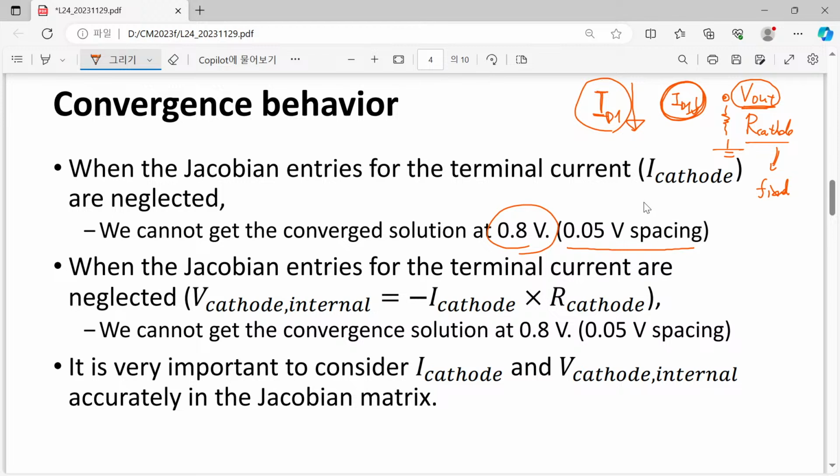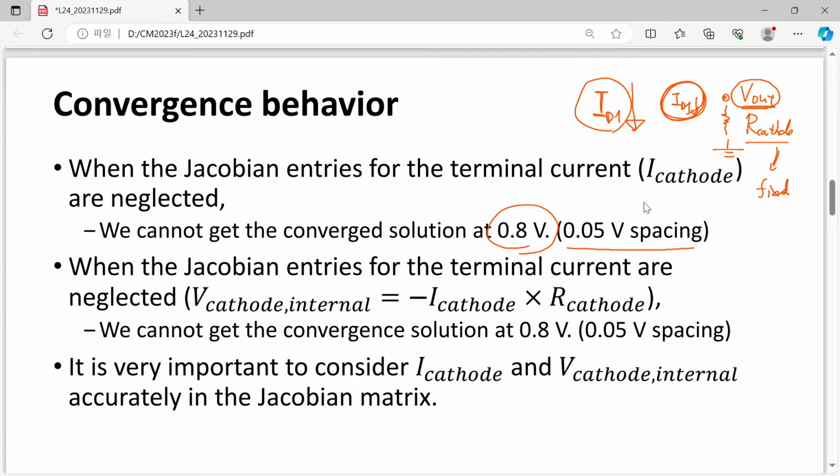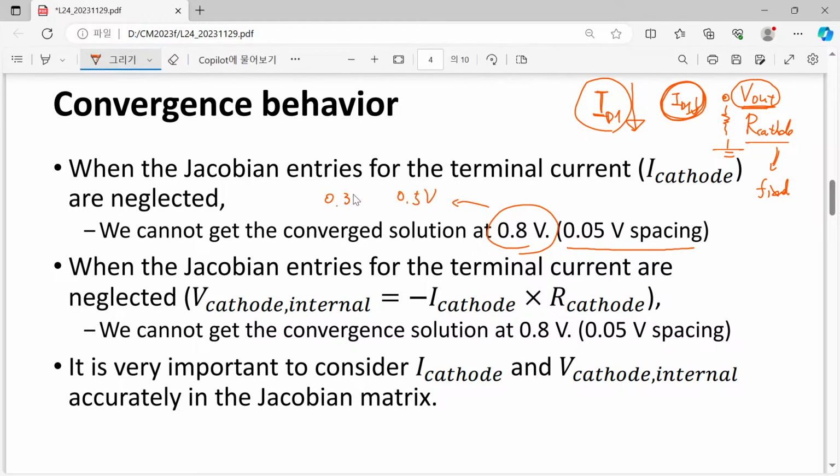It simply diverges. Why? Because in its Jacobian matrix, we have a wrong Jacobian matrix and it predicts a wrong way to update our solution variable. Then why don't we have a convergence problem, for example, at 0.5 volt or 0.3 volt? In that case, since our diode current is so small, even though we have a wrong value, the voltage drop across these two node points is really negligible.